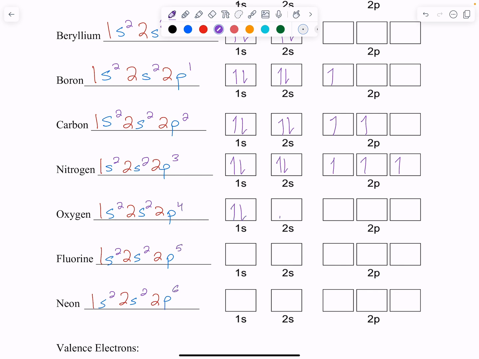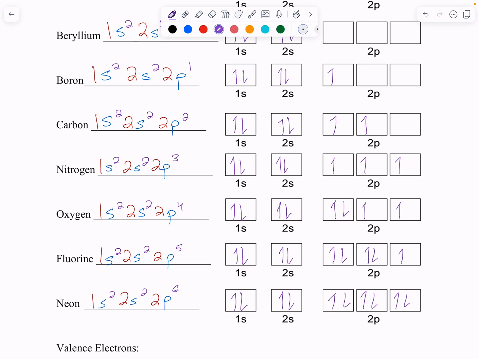So a lot of arrows. Up, up, up, down for oxygen. Then we got up, down, up, down, up, up, up, down, down. And then finally, everybody gets an arrow. Up, up, up, down, down, down. All right. Whew. There we go. There's the first 10 electron configurations.